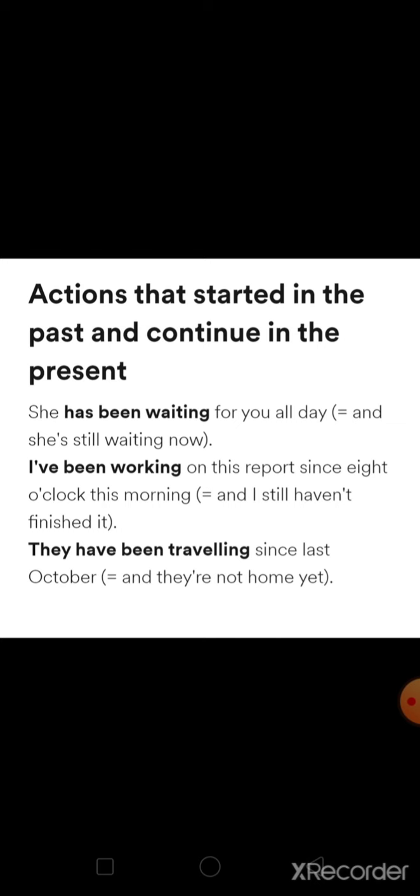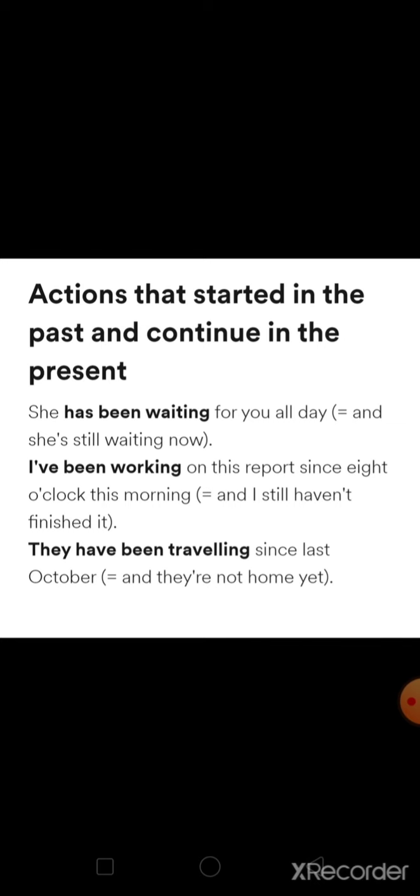That is showing the present perfect continuous or present perfect progressive tense. Next is, I have been reporting on this report since 8 o'clock this morning, which means I still haven't finished it, right? That means he is still working on that report.